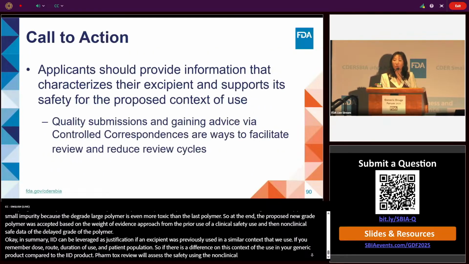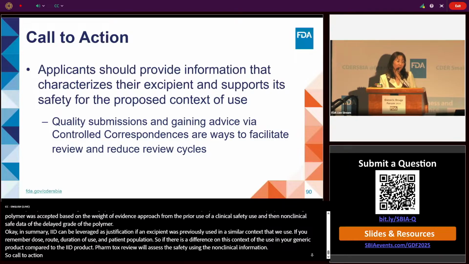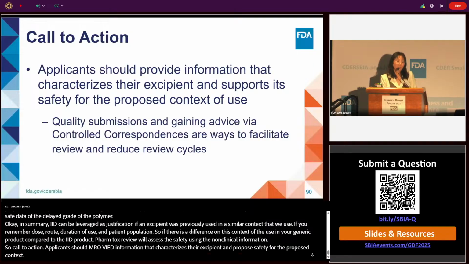So the action to take: applicants should provide information that characterizes their excipient and supports its safety for the proposed context of use. When seeking advice, controlled correspondence is the way to facilitate the review and reduce the review cycle.